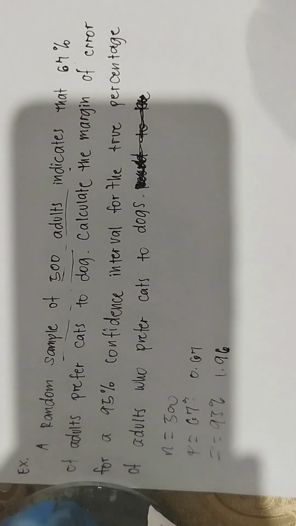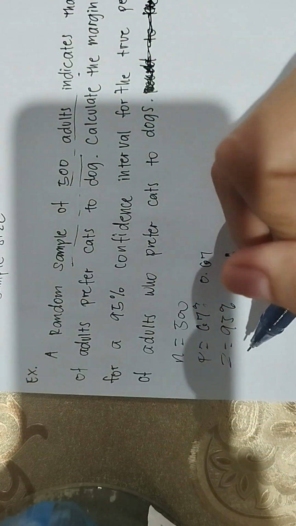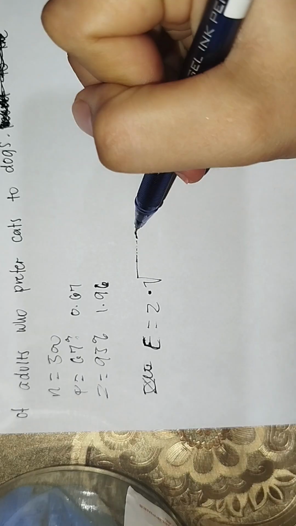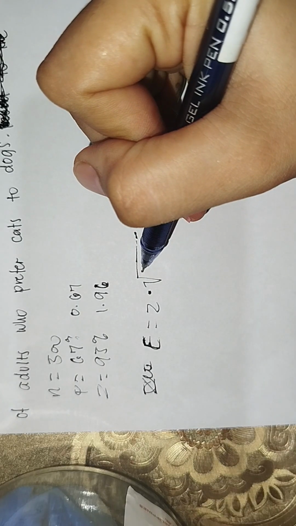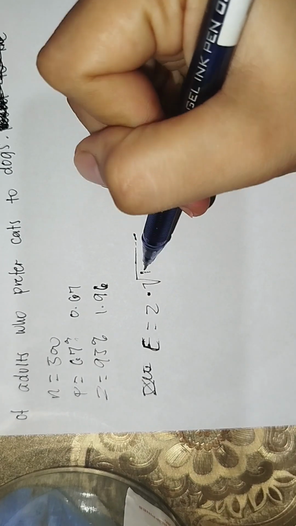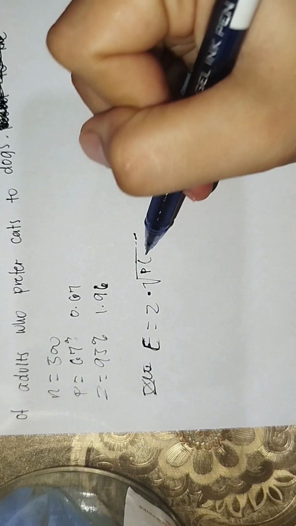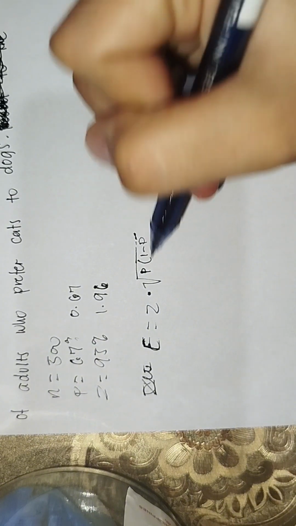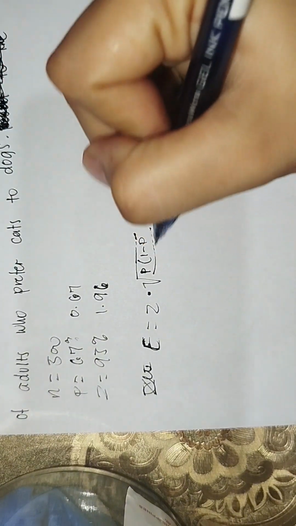So, itong formula ganito kay E equals Z times square root of P times 1 minus P over N.